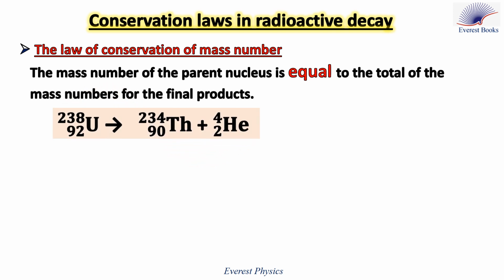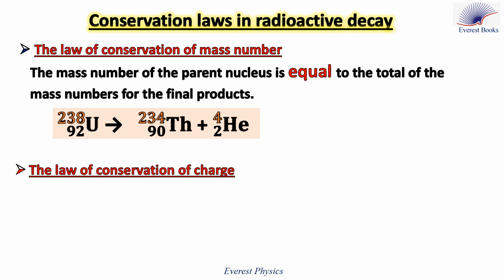For example, uranium-238 decays into thorium-234 with the emission of an alpha particle. The mass number of the parent is 238, which equals 234 plus 4, the sum of the mass numbers of the products. The second law is the law of conservation of charge.